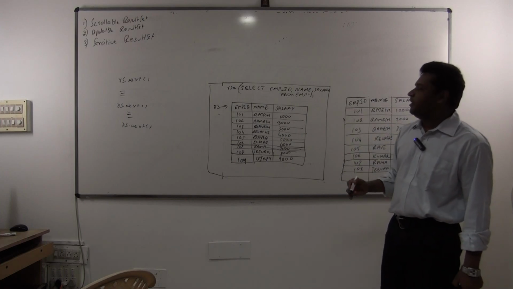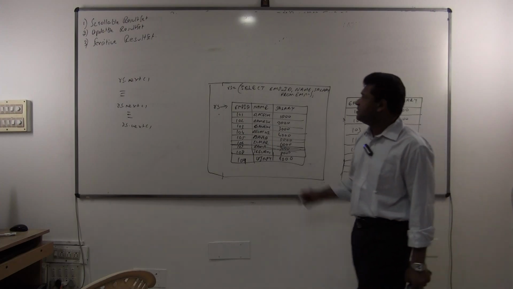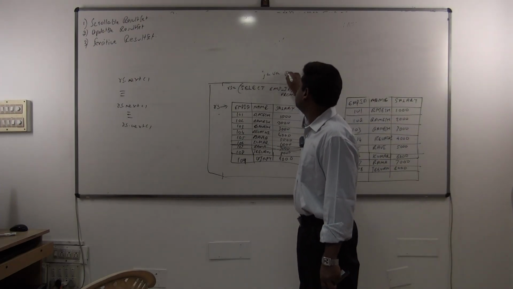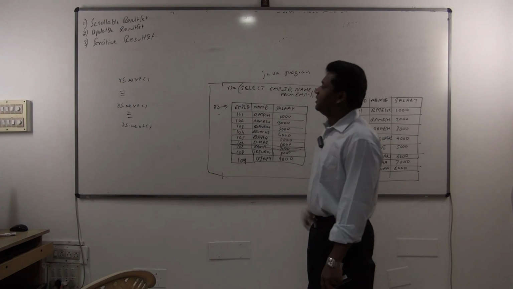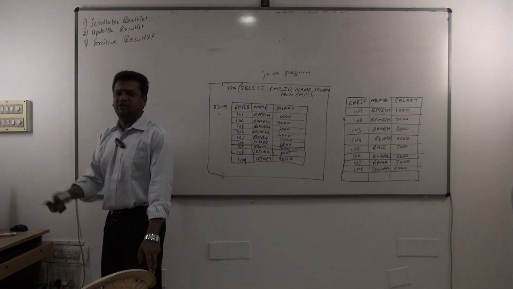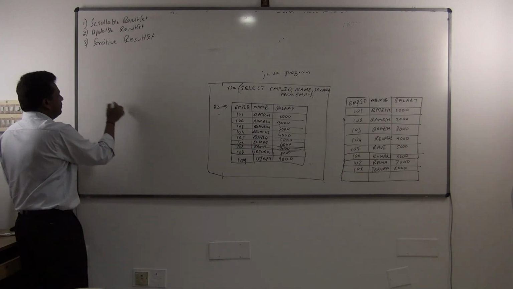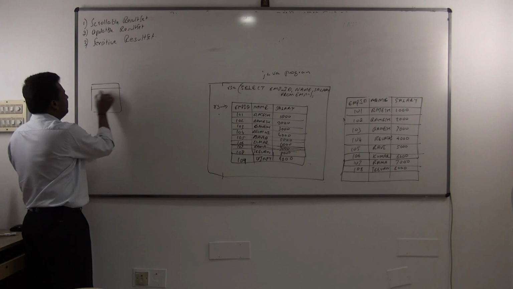Okay, that's about updatable. Next thing, sensitive result set. See, this is your Java program. Generally you see all these programs as standalone applications, meaning there's only one main method. But practically, we work on web-based applications.